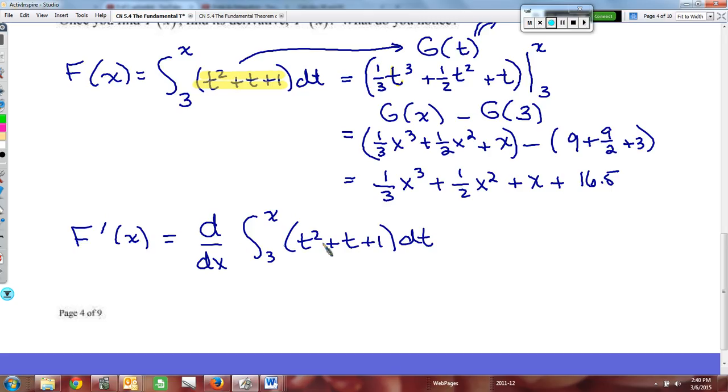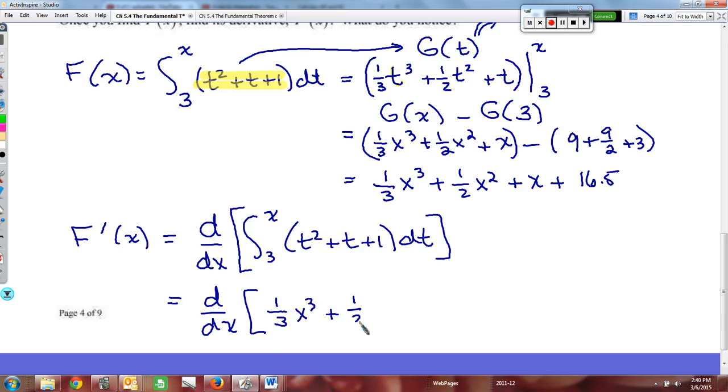But instead of taking the derivative of this, if you want, we'll put parentheses around that, I can basically take the derivative of what we found the net change or the accumulation to be. 1/3 x cubed plus 1/2 x squared plus x plus 16.5.